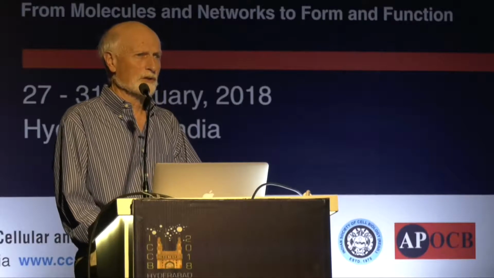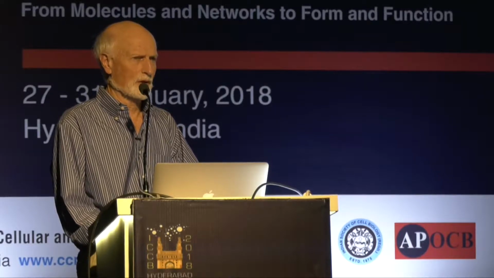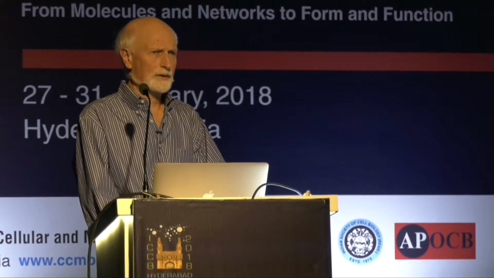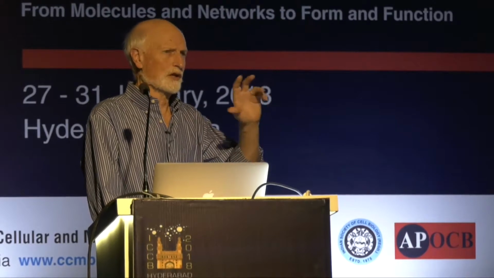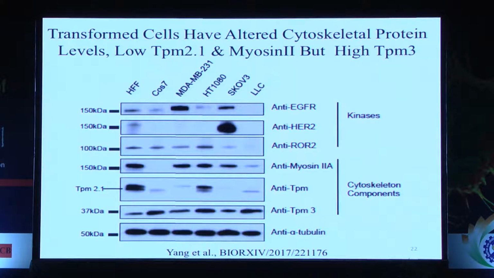So the question then was what proteins might be altered in these cells, and we looked at the proteins associated with the rigidity sensor. This included some of the receptor tyrosine kinases, which we found were involved in the rigidity sensing. Those were seemingly altered in a haphazard way.